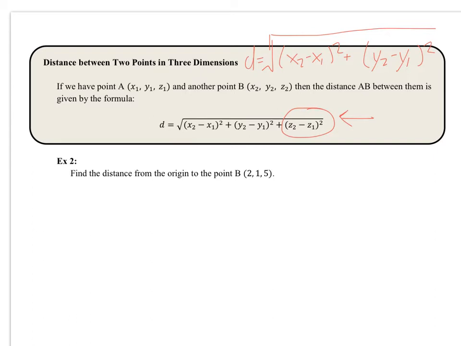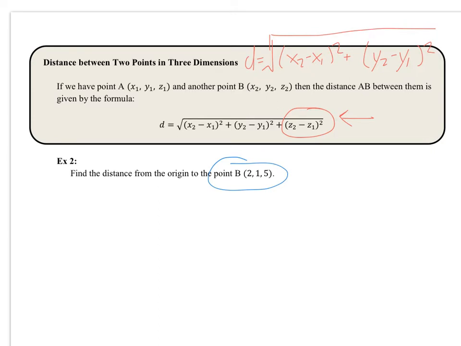So in example 2, we are going to practice a little bit. It tells us to find the distance from the origin to the point B, 2, 1, 5. We look at this question and ask ourselves, what are the 2 points that we're looking at? The first point that is pretty obvious to see is point B, which is at 2, 1, 5.